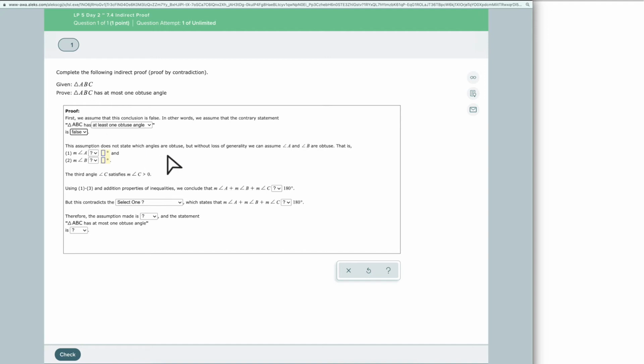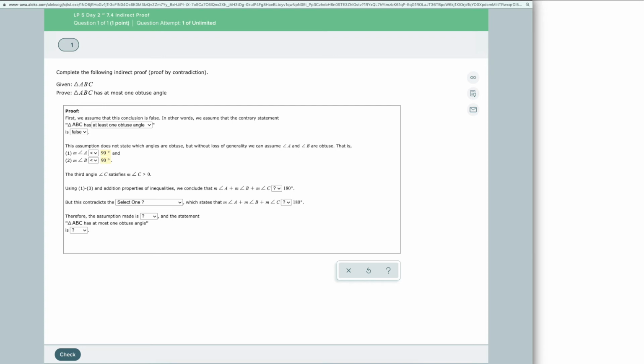So this assumption does not state which angles are obtuse, but without loss of generality, we can assume that angle A and angle B are obtuse. That is, that angle A is greater than 90, and angle B is greater than 90.